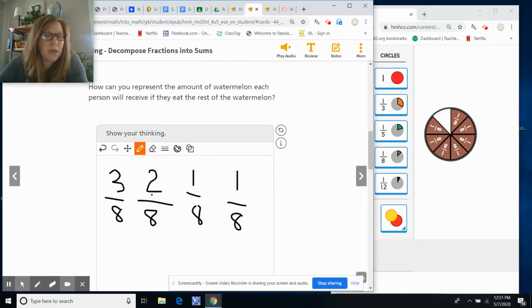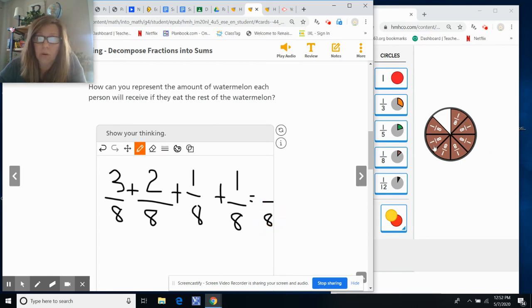If I put an addition sign in between these, what are we going to get? We're going to keep the denominator the same because we're talking about the same whole, right?